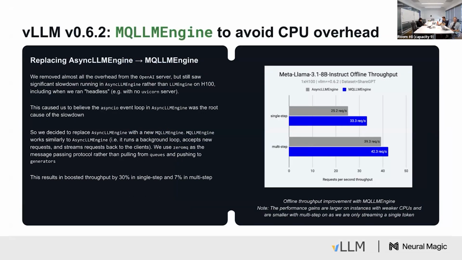Another big development, on the stream of performance enhancements that vLLM has talked about with the 0.6 release, is the MQLLMEngine. This is kind of a silent improvement, as when you're using the OpenAI API server, this is now just used in place of the usual async LLM engine.